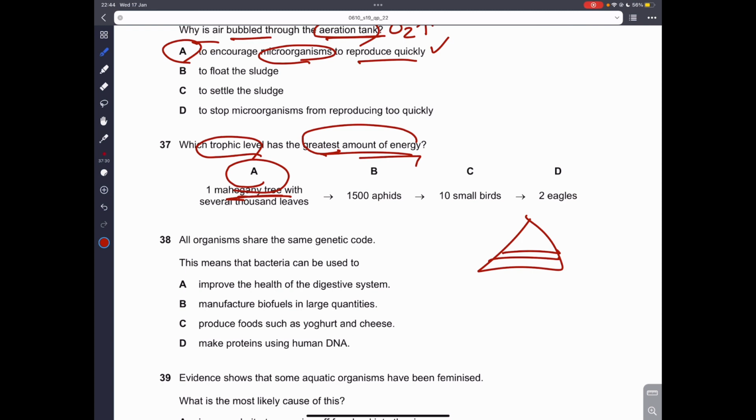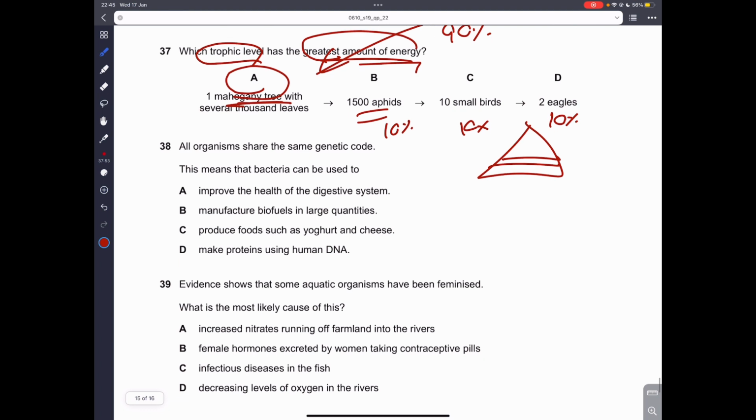This mahogany tree is going to receive energy from sunlight, and the sunlight only gives 90%. And now the aphids who eat the plants will only receive 10% of the 90%. Now this is called the 10% rule, because as you go along the food chain, the energy that you get from the organism will always decrease.